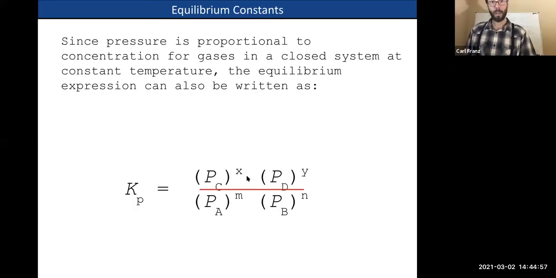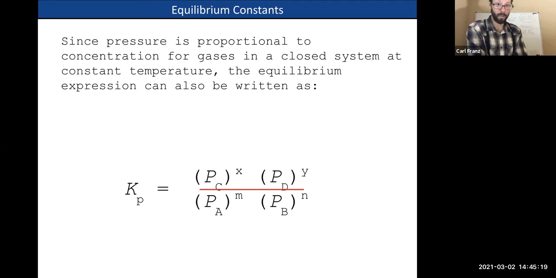Okay. Well, everything we've done so far has been related to concentration. But like I said, we could also do this for pressure, because pressure and concentration for gases at least are related to each other.